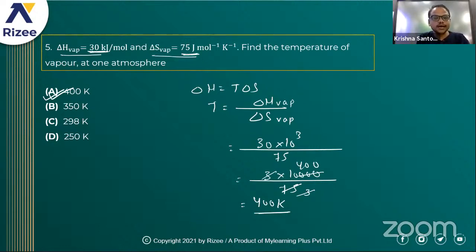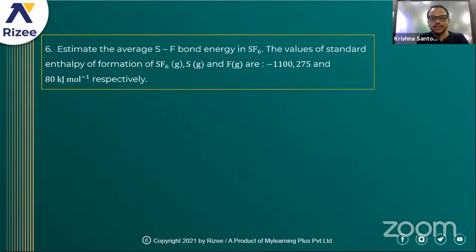Next, estimate the average SF bond energy in SF6. The values of standard enthalpy of formation of SF6, sulfur and fluorine are given. So first of all, SF6 is formed from S plus 6F. Okay, so I can write delta H is equal to products minus reactants.